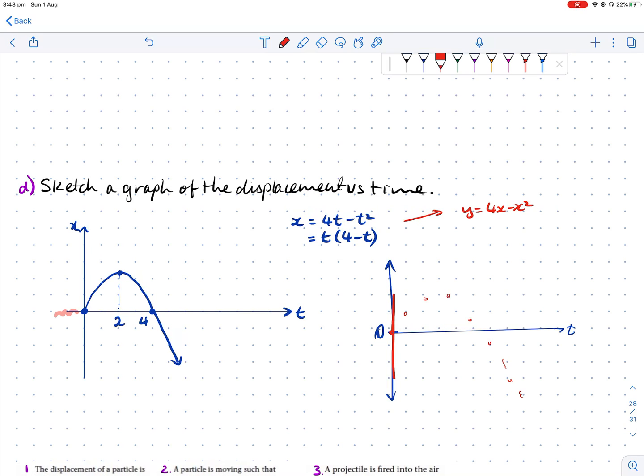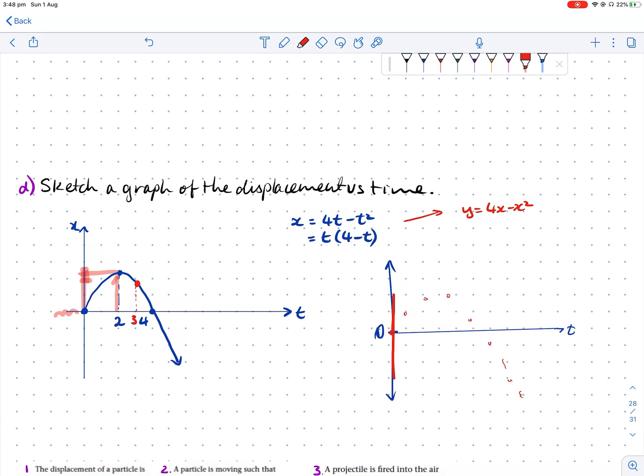Now, if we go back to part C, we were looking at the value 3, I want to work out the total distance traveled. Now, what's happened to this particle is it's gone up to 2, and then it's traveled back down to 3. So what we need to do to work out the total distance traveled is, because we know that the particle stopped here, we need to work out how far it's traveled here.